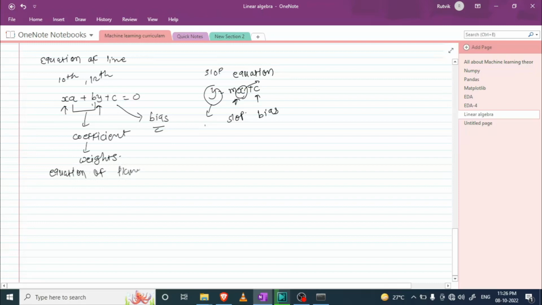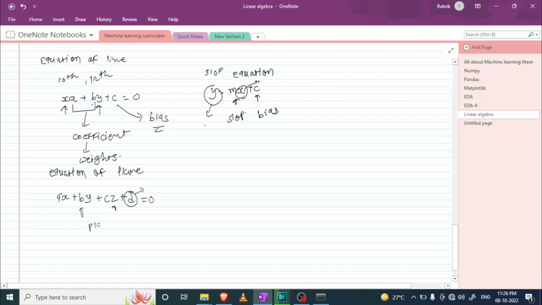So suppose ax represents one-dimensional data and by represents two-dimensional data, so here we have the equation for two dimensions. And if we write cz, where z is a variable and c is a particular constant number, and if I write a constant number without any variable, okay, then this equation belongs to a plane.